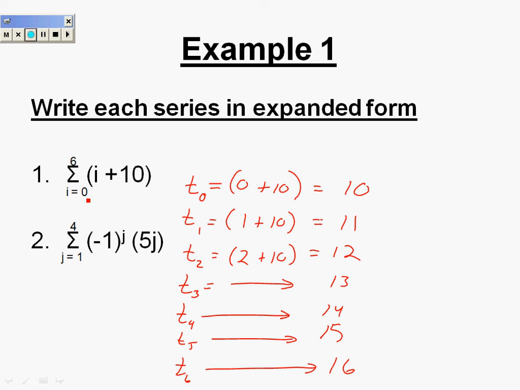Notice I started at the 0th term and I worked my way up to the 6th term, and the nth term formula helped me get each term. We have the numbers 10 through 16 increasing by 1. Alright, now we're not done. We haven't used this symbol yet. What does the symbol tell me to do? Add them all together. So now this is a sequence over here, 10, 11, 12, 13, 14, 15, 16.